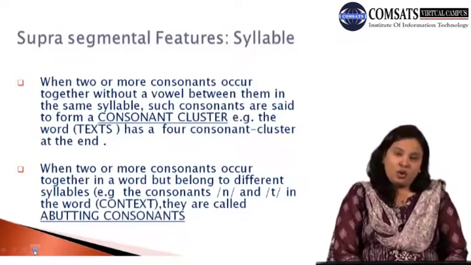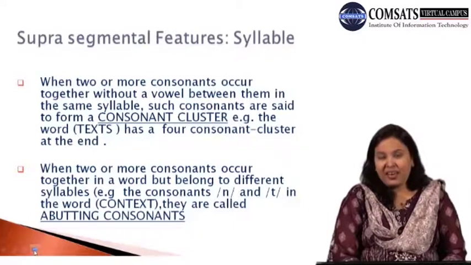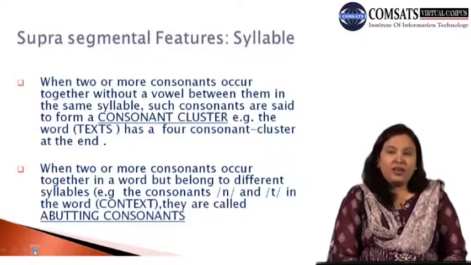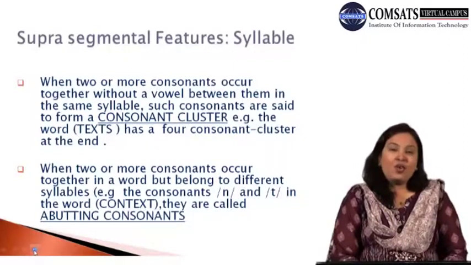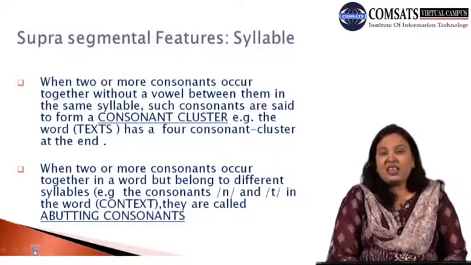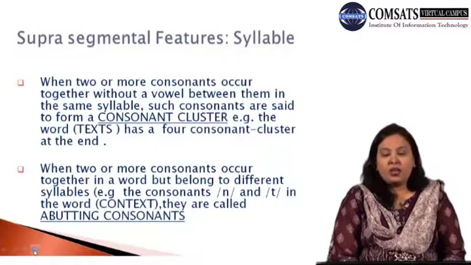Then such consonants are known as abutting consonants. Again, what is an abutting consonant? When the consonants are together, but one consonant is part of one syllable and the other consonant is part of another syllable. So these consonants do not have a direct relationship within a single syllable. Such consonants are known as abutting consonants.